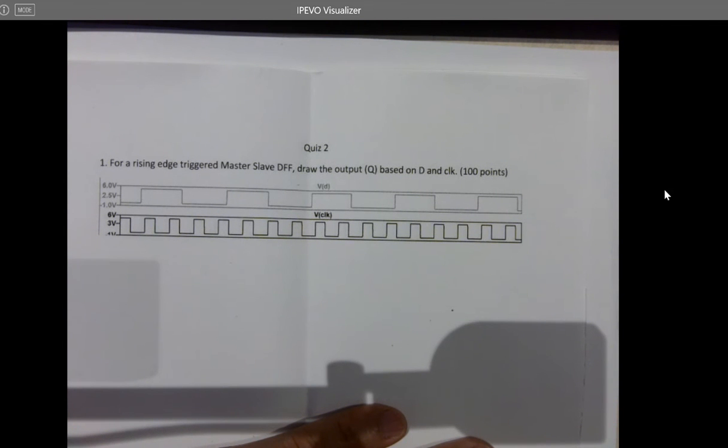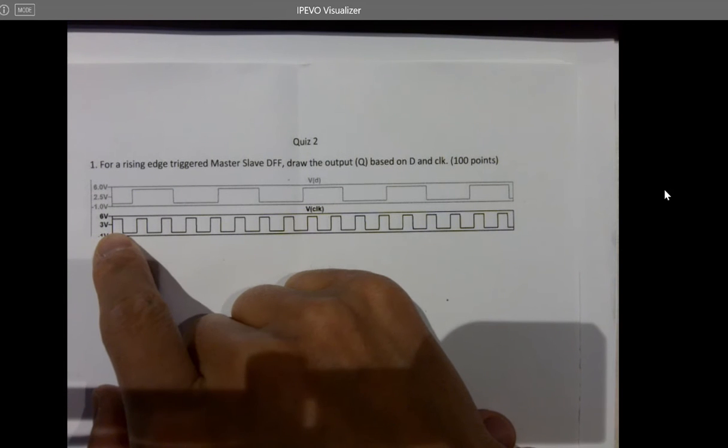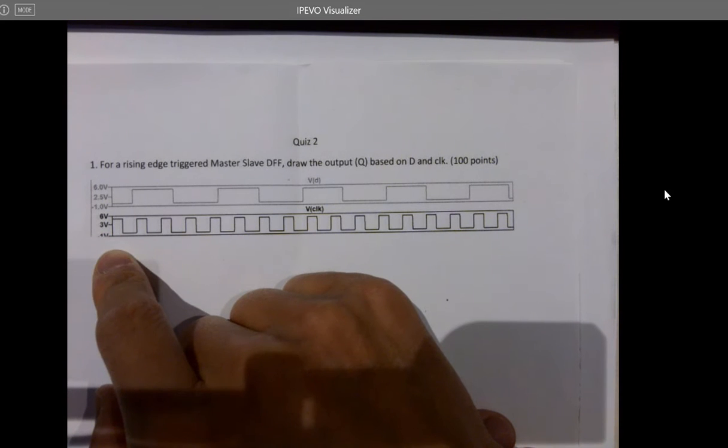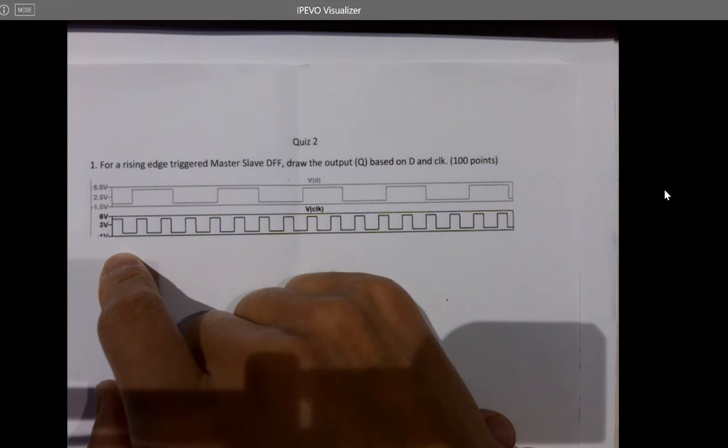Right? So here's something I want to clarify. At the very beginning, it doesn't matter what the initial value for D is, or the initial value for Q is.